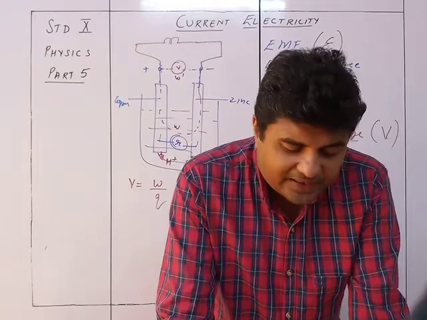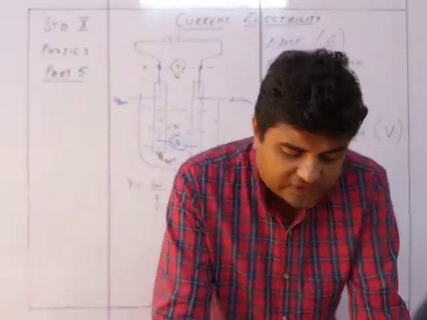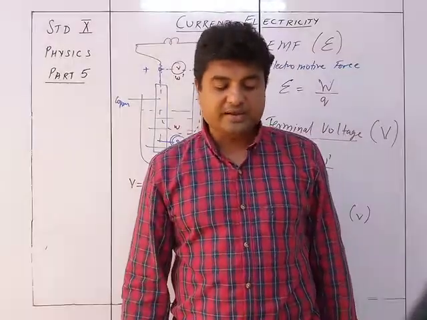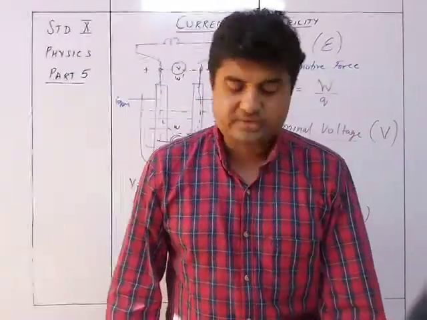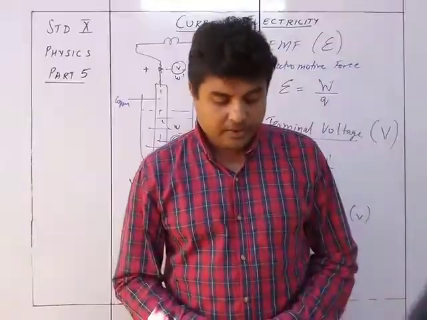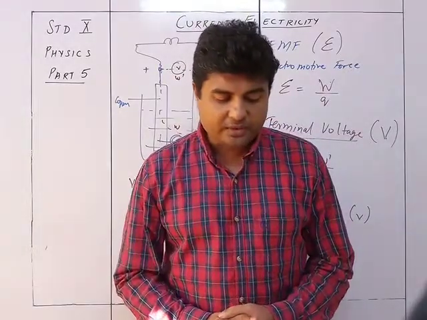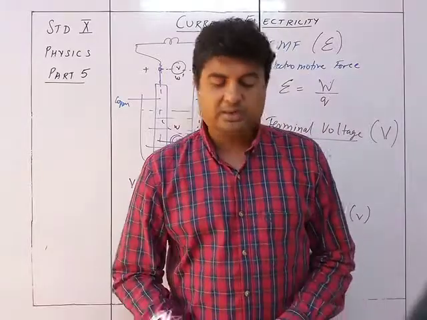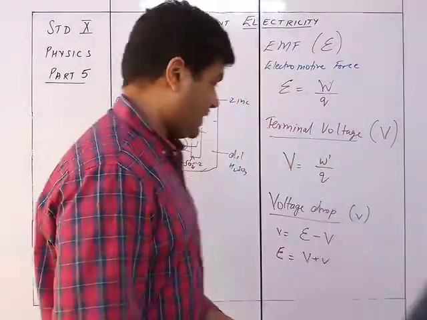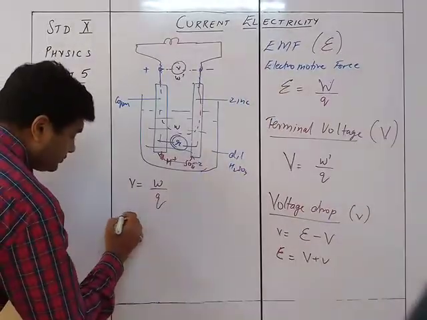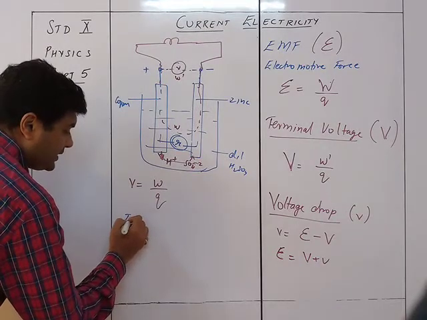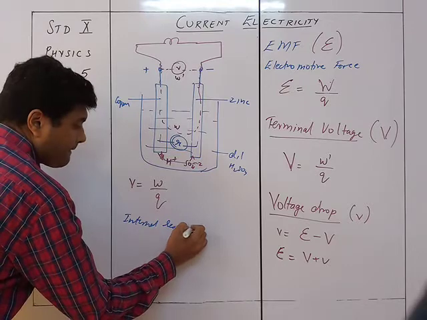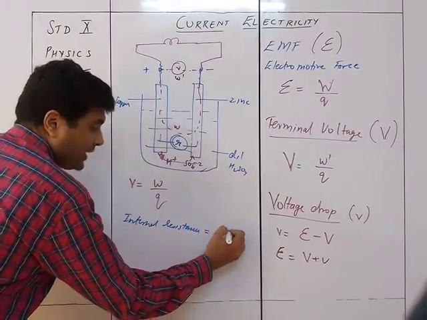It is the internal resistance of the cell due to which its voltage drops on drawing current from it. It is denoted by the symbol small r, and its unit is ohm. If current I is drawn from a cell whose internal resistance is r, the voltage drop v is equal to I r. Internal resistance is equal to small r.